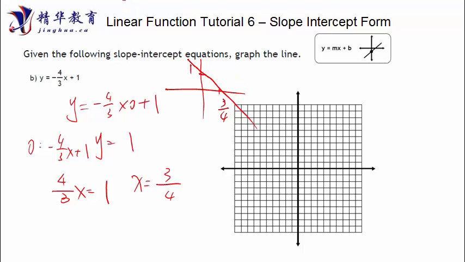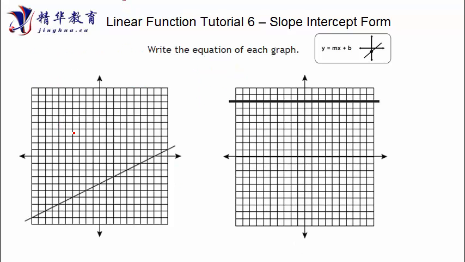Let's see the next part. Now we don't have functions. We are supposed to find the function by using the graph here. It's not bad. This is the coordinate here, 1, 2, 3, 4. So the y-intercept of our line is -4. That means our b equals -4.